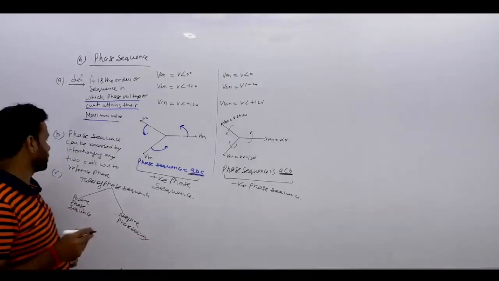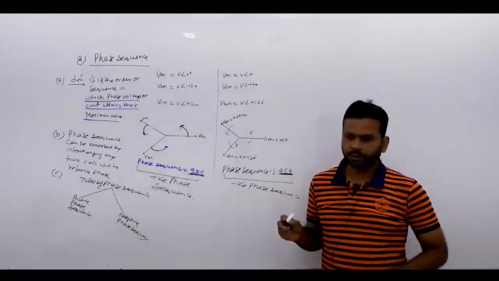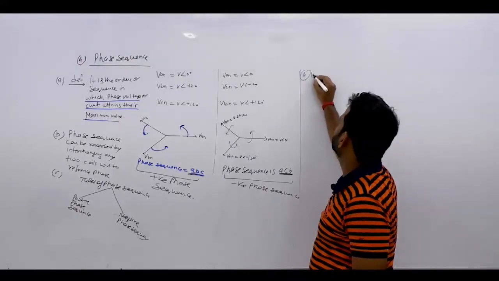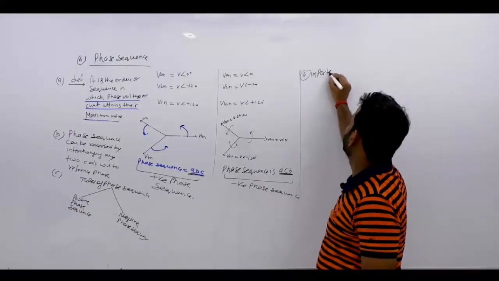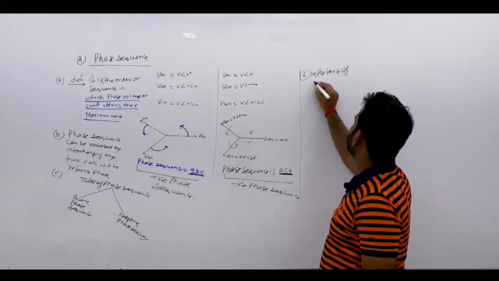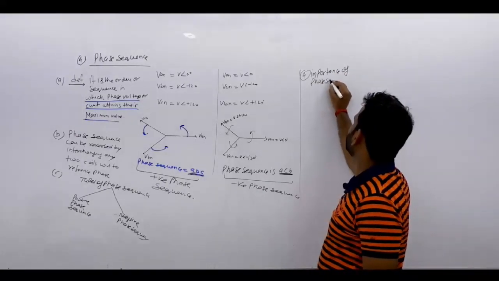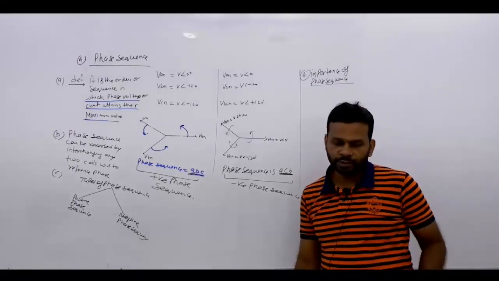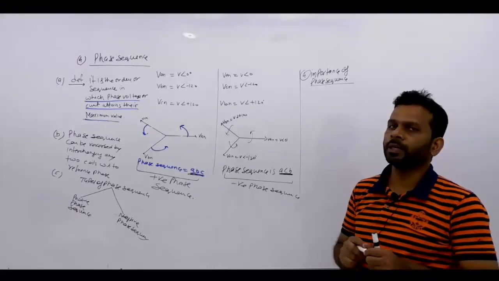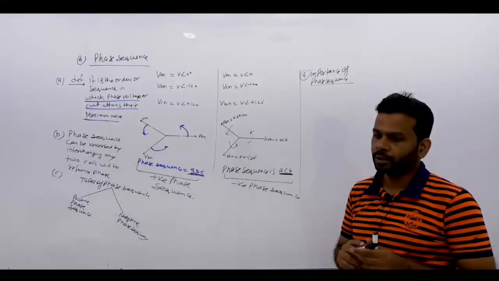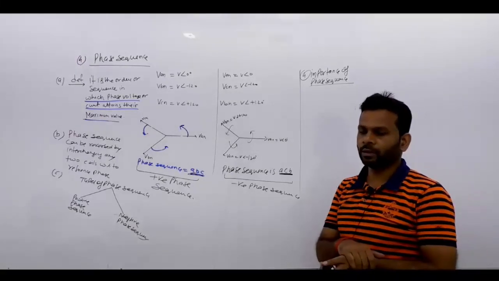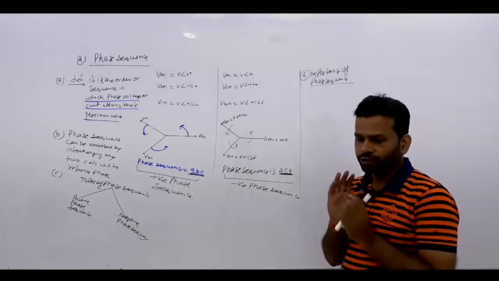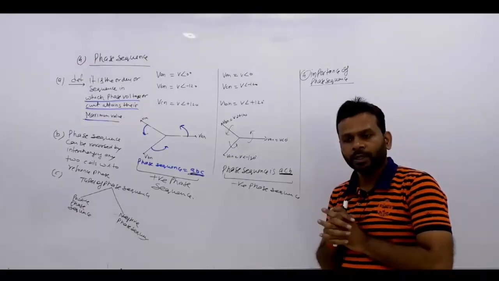Now, what is the fourth point? We will see the application or the importance of phase sequence. Okay, now when your three-phase generators or your three-phase transformers are connected in parallel, to have the perfect or ideal or exact parallel operation, the phase sequence of the generators or transformers should be the same.